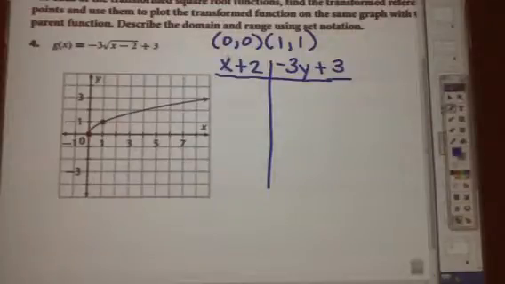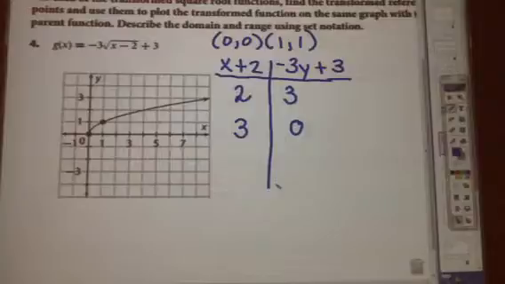If I put 0 in for the x, I get 2. 0 in for the y, I get positive 3. If I put 1 in for the x, I get 3. And if I put 1 in for the y, I get 0.